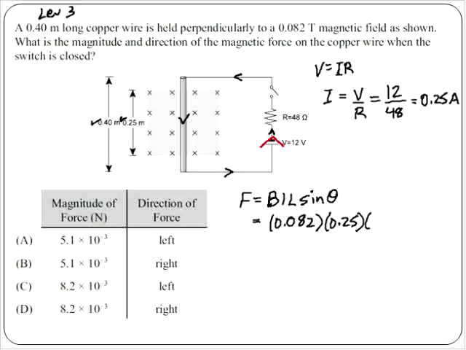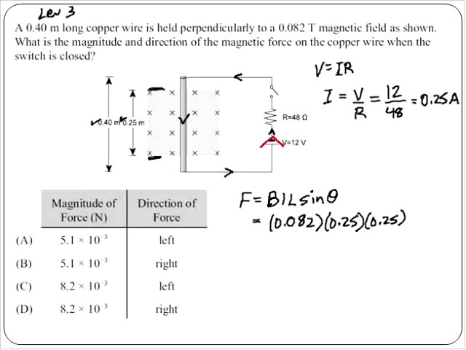In other words, only from here to here will you get a force. These other parts that are outside the magnetic field completely will not experience a force. There's some kind of a shield there that blocks the magnetic field. Just assume that. So the length that we use is actually 0.25 meters.